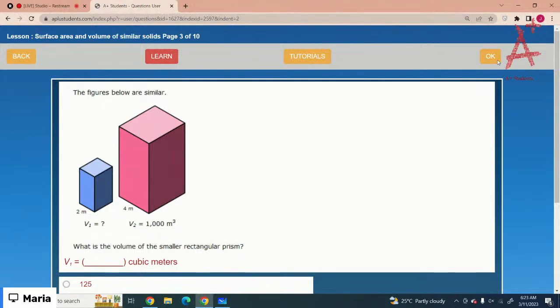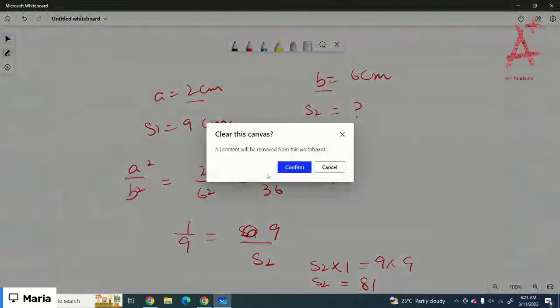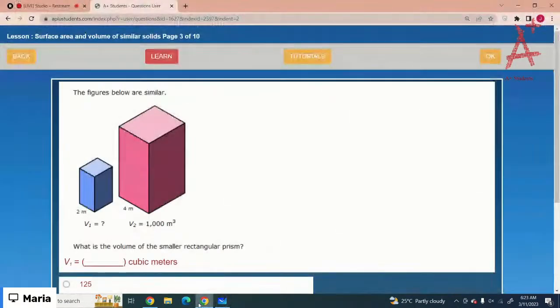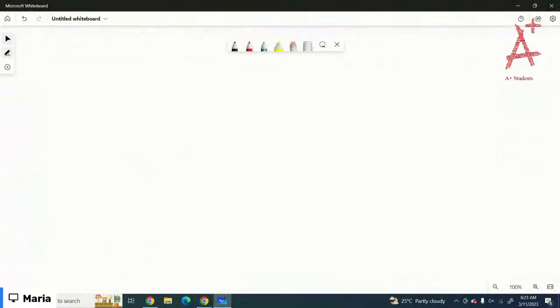The figures below are similar. The side lengths you are given are 2 meters and 4 meters, and the volumes are given. A equals 2 meters and B equals 4 meters.